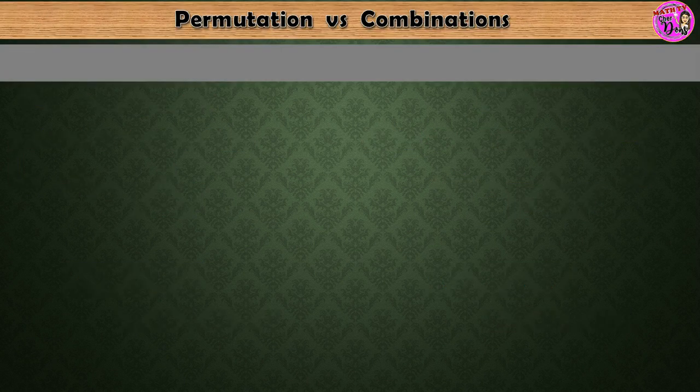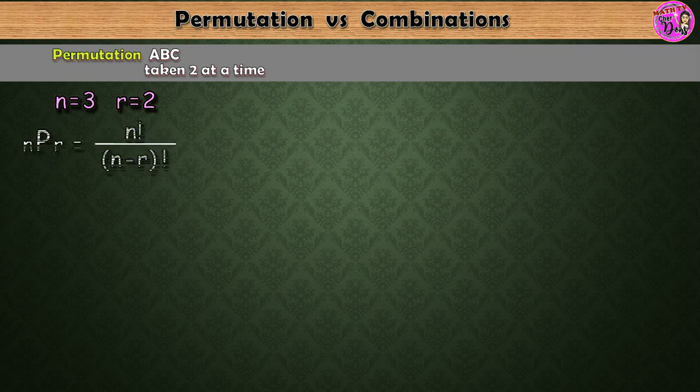Another one, let's consider the permutation of the letters A, B, C taken two at a time. The value of n is 3 and the value of r is 2. Our formula, permutation of n objects taken r at a time is equal to n factorial divided by quantity n minus r factorial.